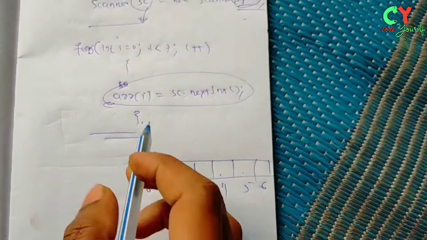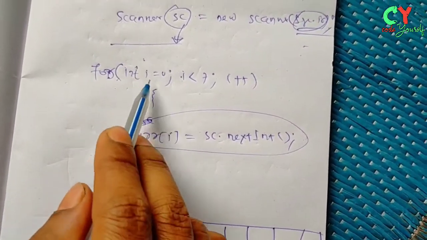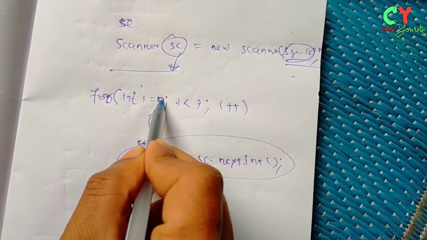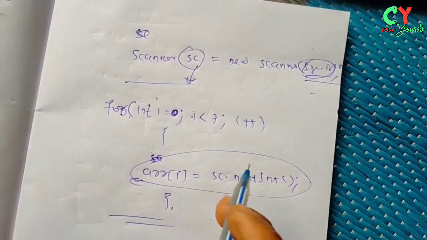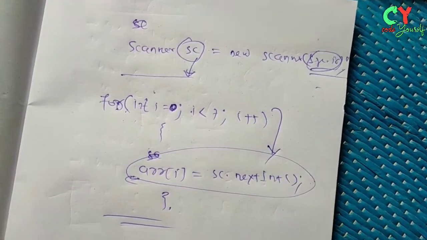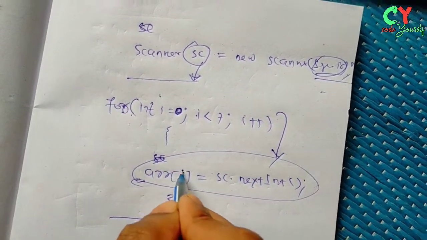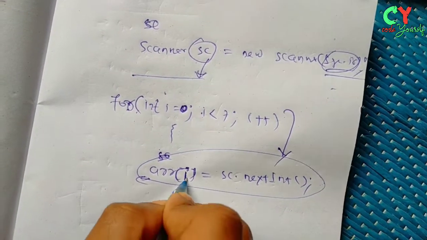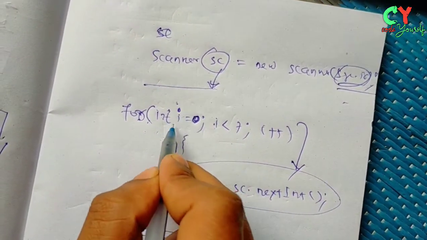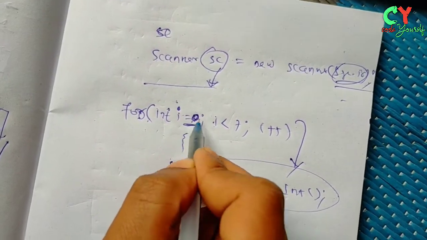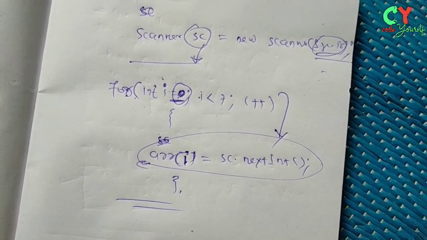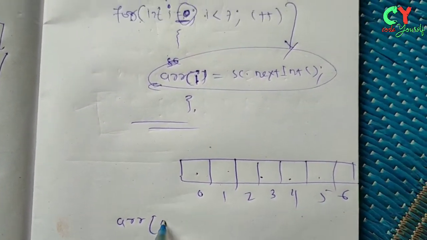Now see, when the for loop starts, it starts from 0. When it goes down, here I have written arr of i. For the i value, the first time the i value will be 0. Now arr of 0.